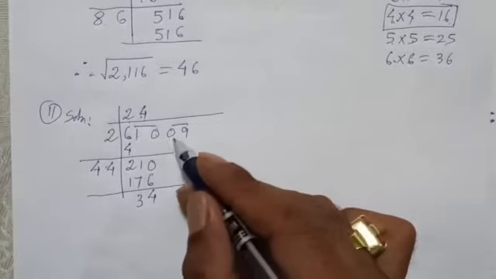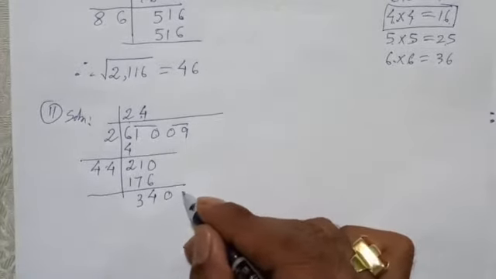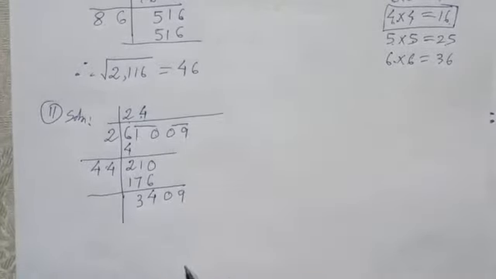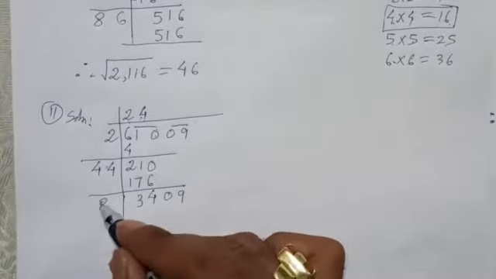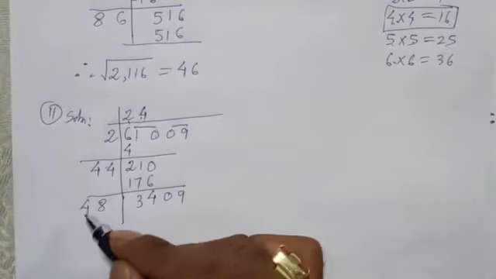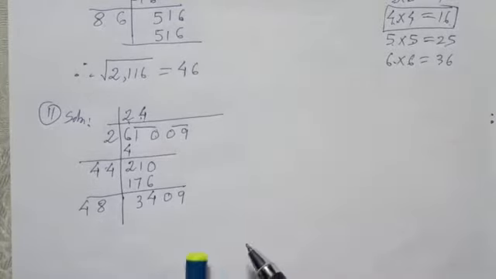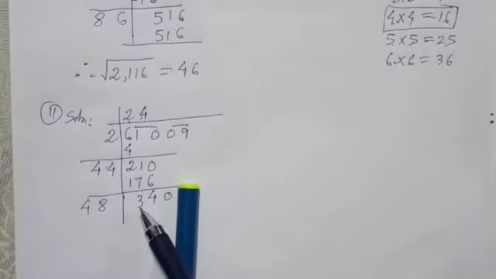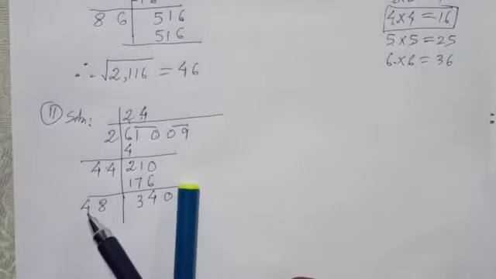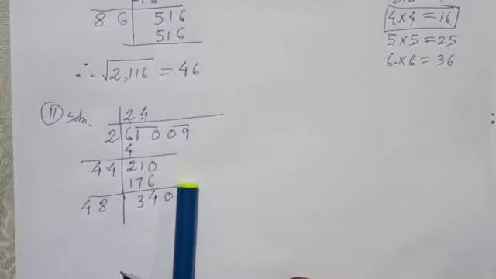Next is 0. Now 0 and 9 we bring down here. According to the rule, this 24 is multiplied by 2. 2 times 4 is 8, 2 times 2 is 4. Then to find the next number, we think that this ones place digit is not there. If we divide 340 by 48, we can take 7 times.